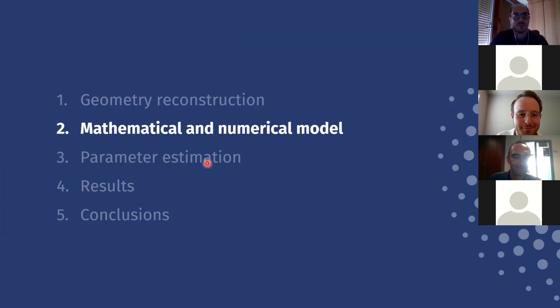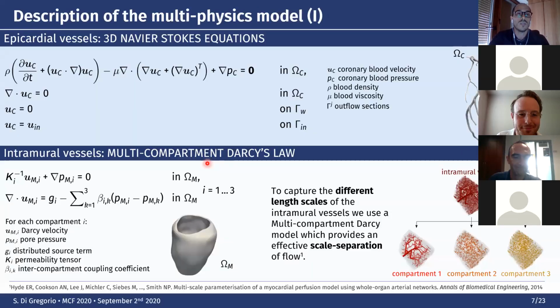Then we step to the mathematical and numerical model, and we adopt a multiphysics model in which for the blood dynamics in epicardial vessels, we use a 3D Navier-Stokes equations approach. Whereas for the intramural vessels, we model the blood dynamics using a multi-compartment Darcy model, that provides us an effective scale separation of the flow.